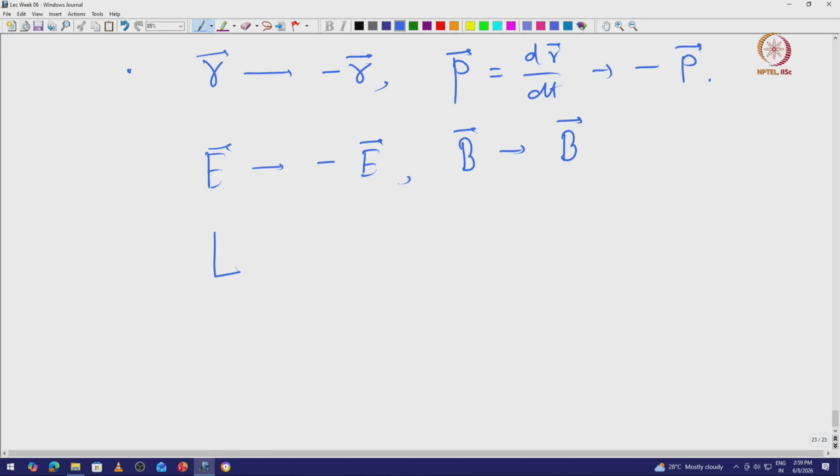So angular momentum remains unchanged, and this is because it is a product of r cross p. Because both are changing sign, L remains invariant.